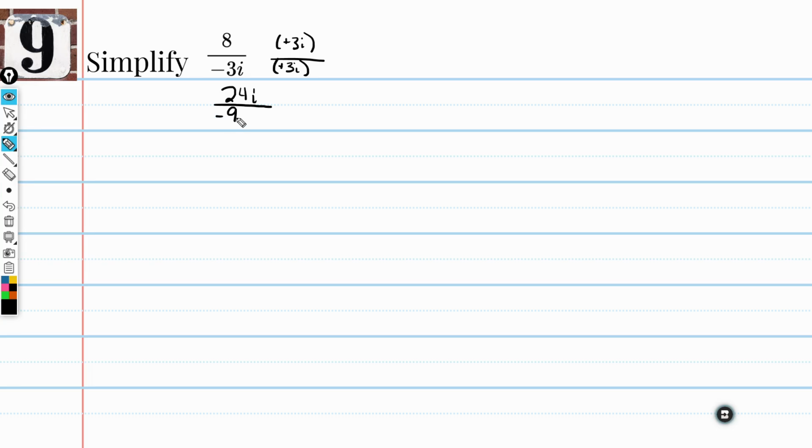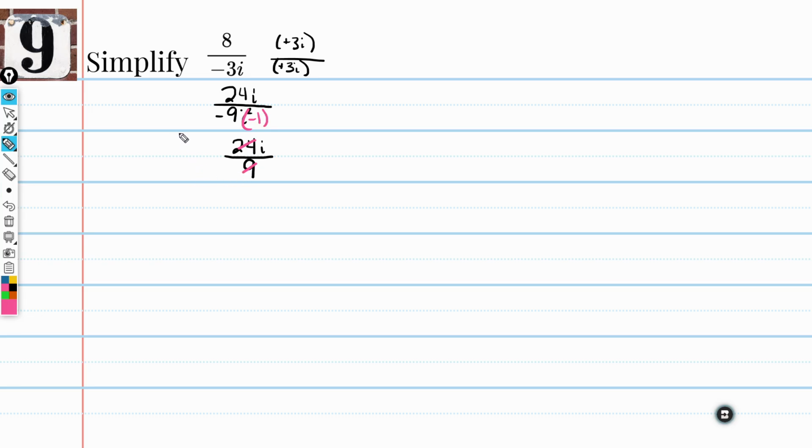The denominator is negative 9i squared. i squared is negative 1. And so we have 24i divided by 9.